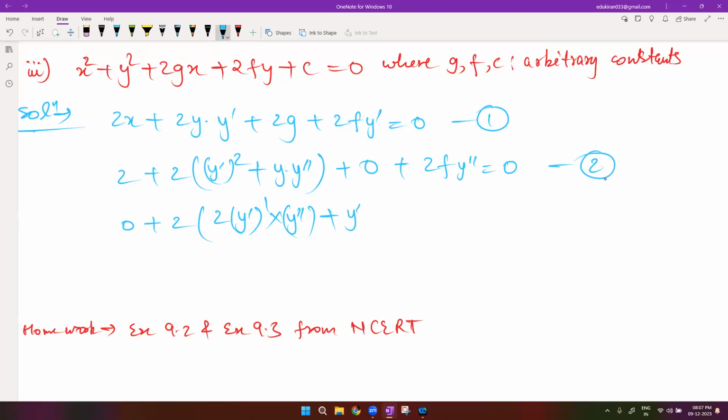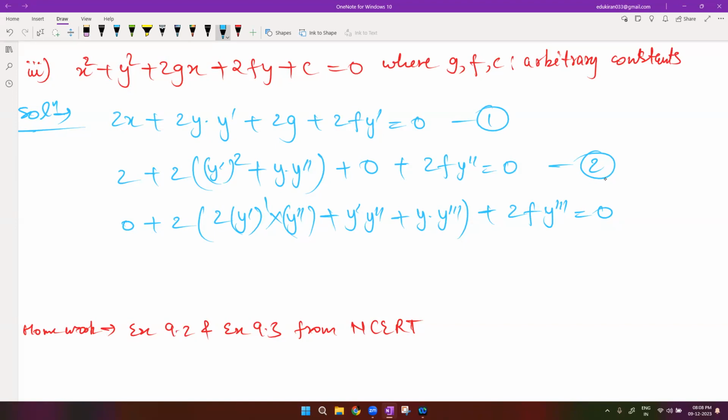So this will be y dash into y double dash, first differentiation of y, which is y dash, then y double dash is as it is, plus y as it is, this will be y triple dash, right? Plus 2f y triple dash is equal to 0.